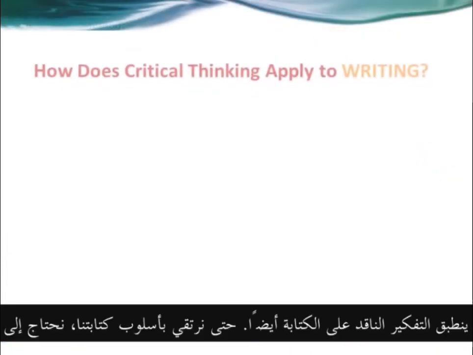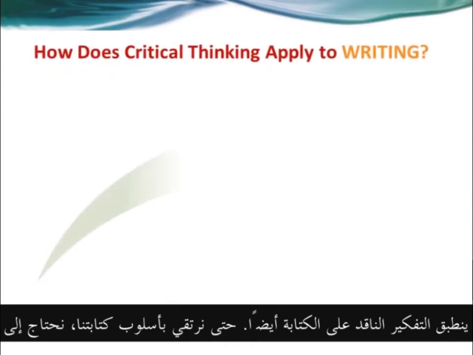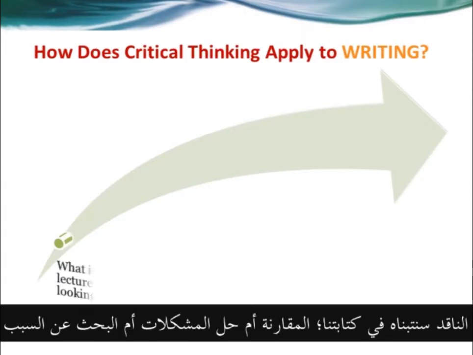Critical thinking applies to writing too. In order to improve the standard of our writing, we need to think about what the lecturer is looking for. We need to work out what sort of critical thinking will be involved. Comparing, problem solving, looking for cause and effect, or evaluating.